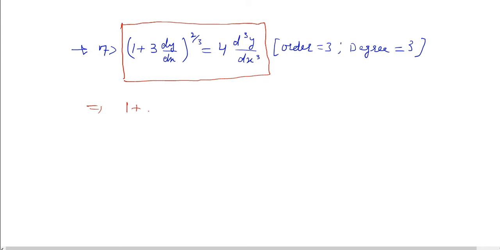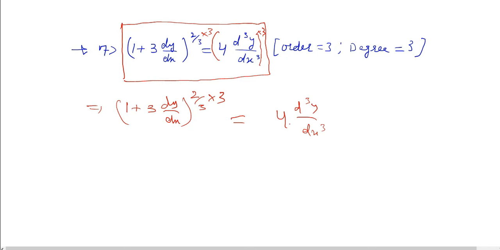What we get? 1 plus dy by dx power 2 by 3 multiplied by 3. I multiplied the powers with 3 on both sides, right? Because I have multiplied the left side term, I have to multiply the right side term, d cube y by dx cube, power 3 into 3, right?